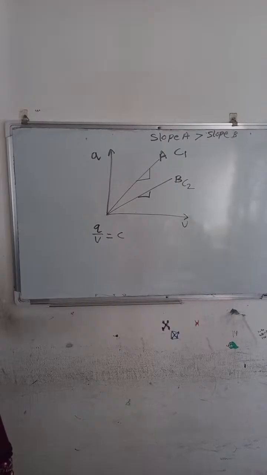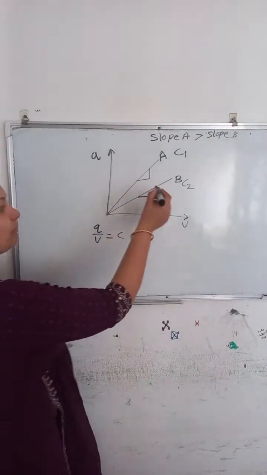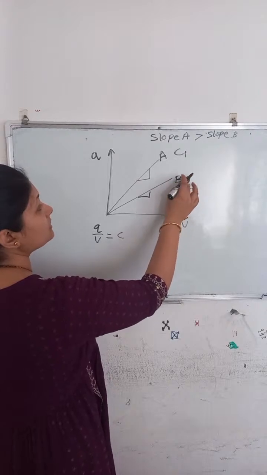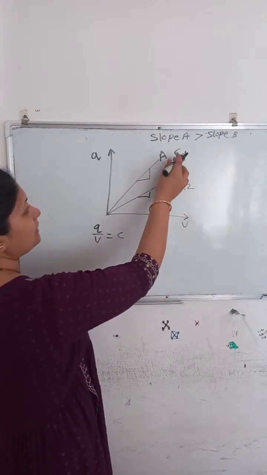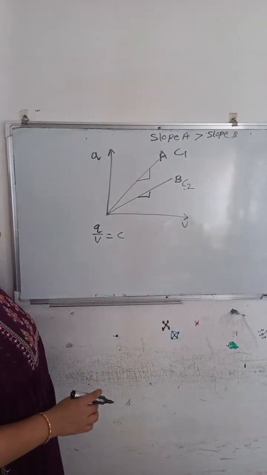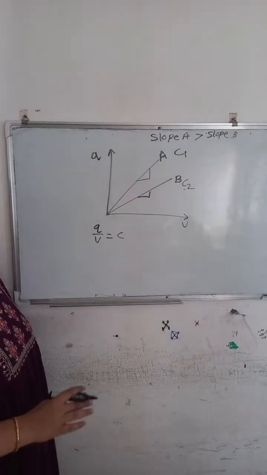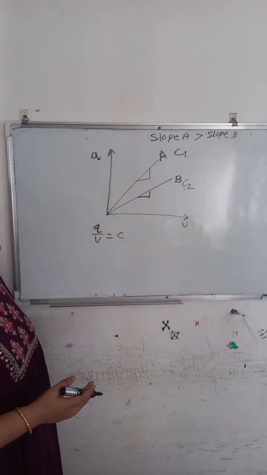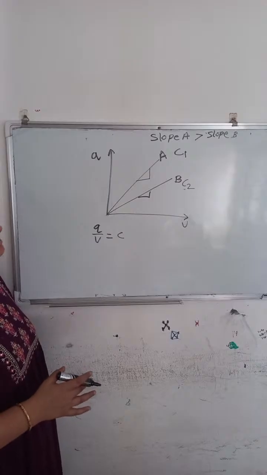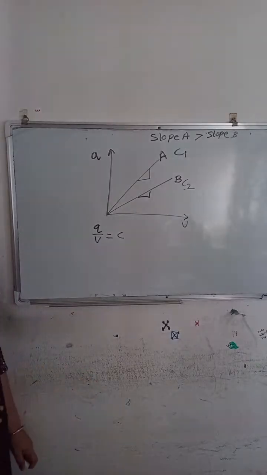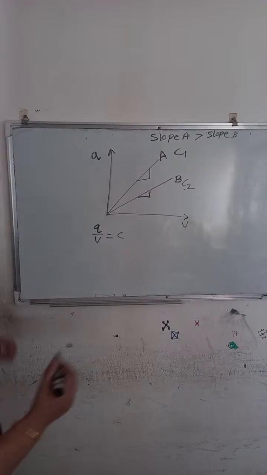So C1 shows A. The line A has more slope, and B has less slope. That means its capacitance is less. Can you get this?